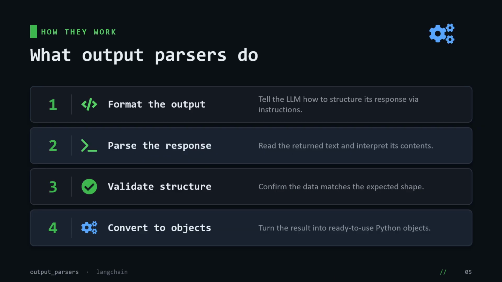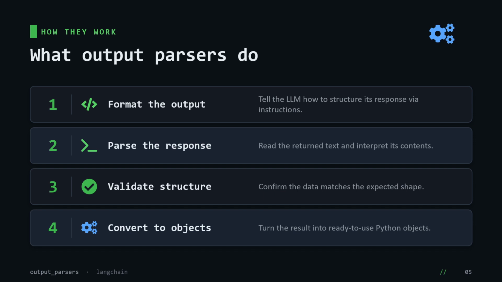So what all things do output parsers do? They format the output. They tell the LLM how the structure is to be formatted, and after the response is generated, they parse it. We use Pydantic and it will parse the response also.